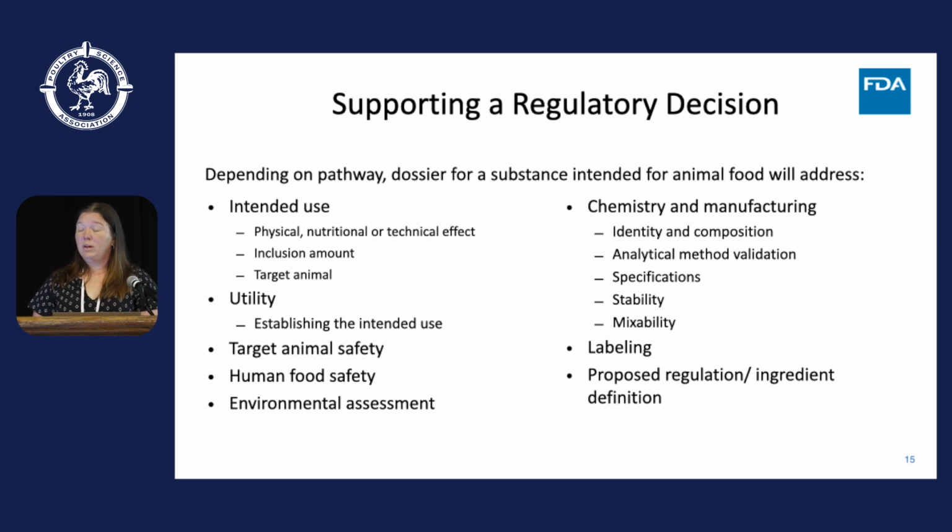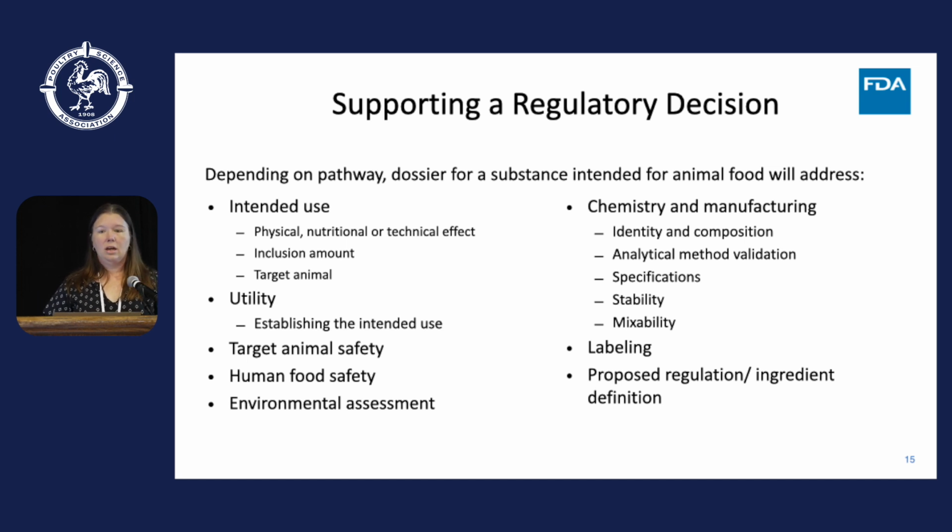We also want information under the chemistry and manufacturing section relative to stability and mixability. We want that product, once it's on the shelf, to be stable for whatever amount of time its stability data is suggested to support, because we want it to be as effective on day one as it is, for example, 18 months later.